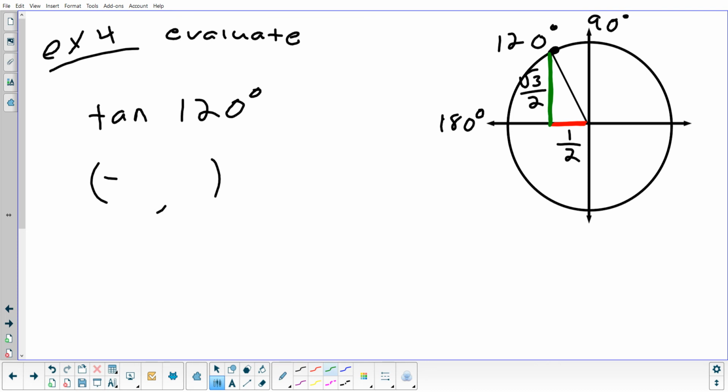Oh, it'd be negative 1/2, yeah, and then it'd be root 3 over 2. Yeah, negative 1/2, root 3 over 2. Now, if you switch them, you could end up with the coordinate for 150. That's negative root 3 over 2, comma 1/2. But that's not what you want. Negative 1/2, root 3 over 2.